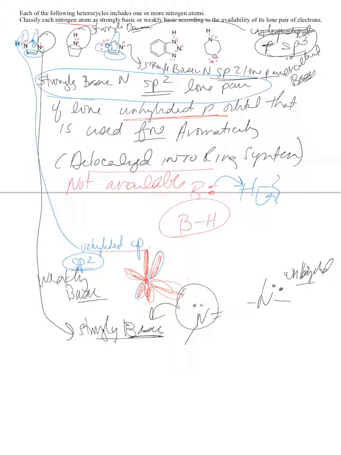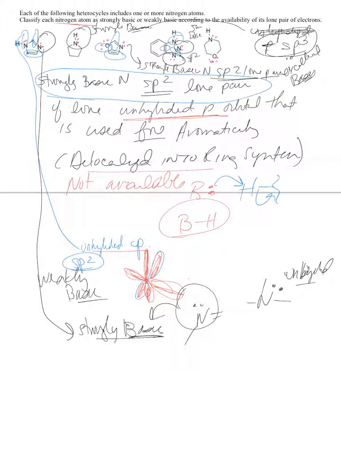Okay, now looking at this compound here, the next one, which electrons are in the system? So there's 1, 2. There's 3, 4, and then this would be 5, 6. Okay, so both these electrons then are in the hybridized system, and they're sp2. So they're both going to be strongly basic.